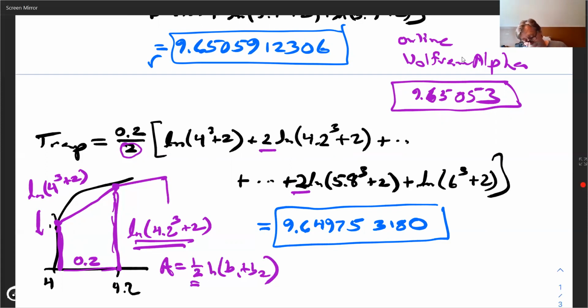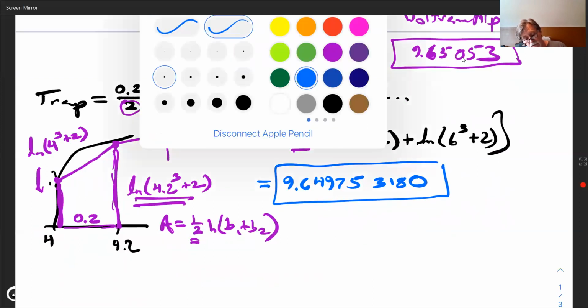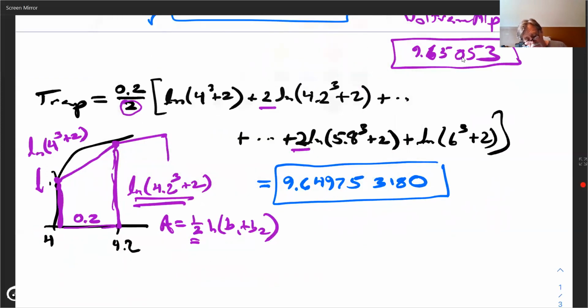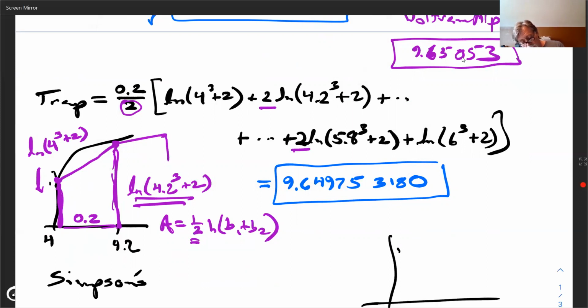The last one I don't explain in class. I just simply say, when they do Simpson's rule, you've got the curve doing its thing. You've got, okay, this is 4. Over here, this is like 4.4. And here, this is 4.2.